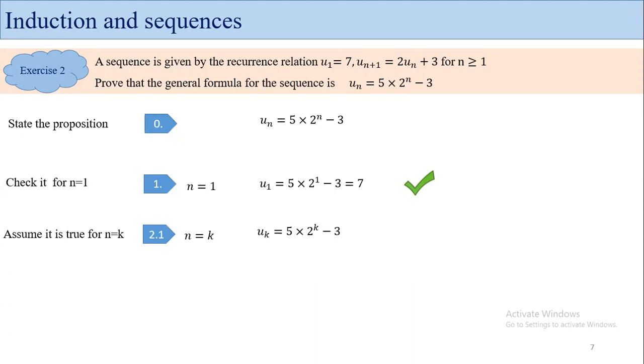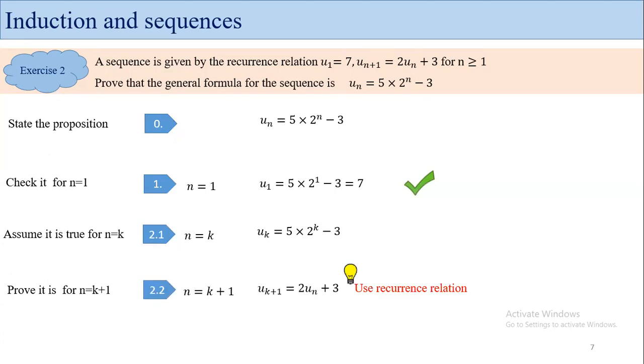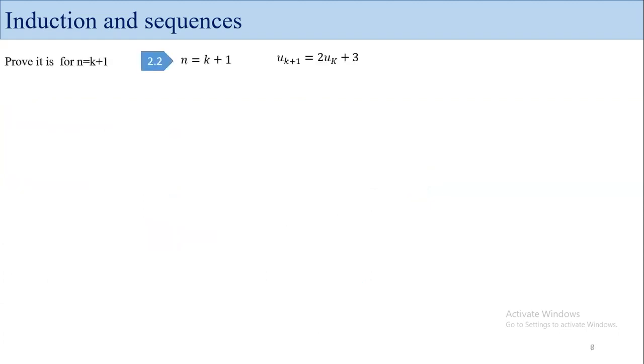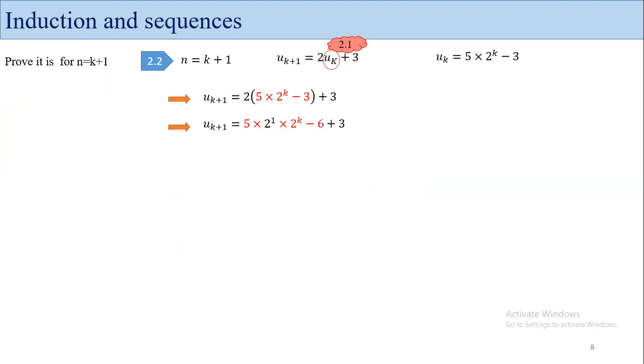Now we want to prove it for n equal k plus 1. So we use the recurrence relation. So u(k+1) would be this. If we rearrange a bit and merge exponents with base equal to 2, we can see that the relation is holding for n equal k plus 1.